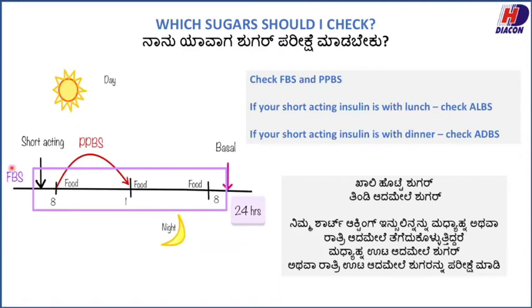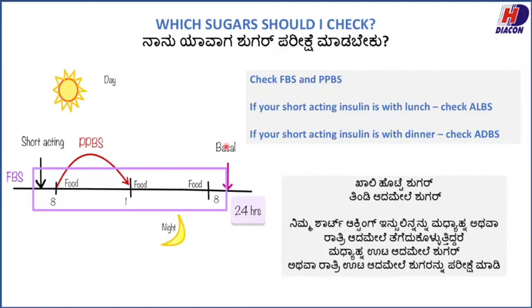So which sugars should you check? We want you to check the fasting and the post-breakfast blood sugar, so 1.5 hours after meal. If your short-acting insulin is being taken with lunch, if that's what the doctor asked you to take, check your after lunch blood sugars. If they've asked you to take the short-acting insulin with dinner, then check your after dinner blood sugars.